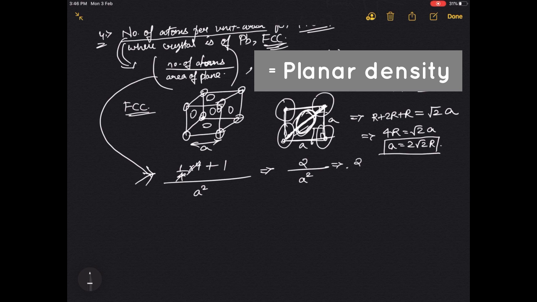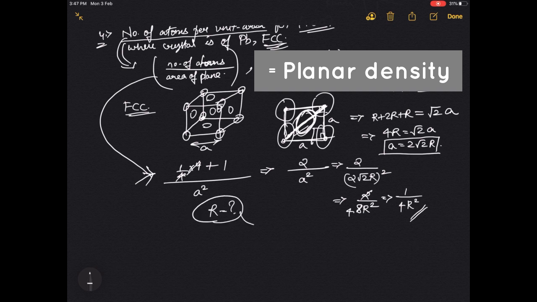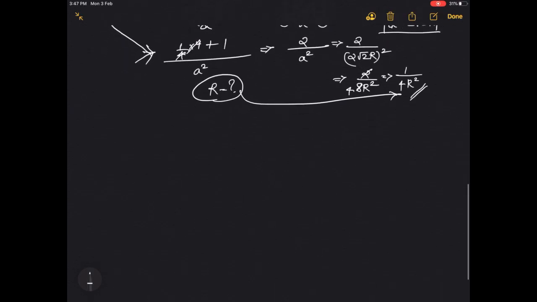So again 2 by A square, I can replace A with 2 root 2 R. So what I am getting is 1 by 4 R square as my answer. And from here you can directly do it, because we don't remember the R value, but the R value is given, you put it here and you will be getting the answer for this question.